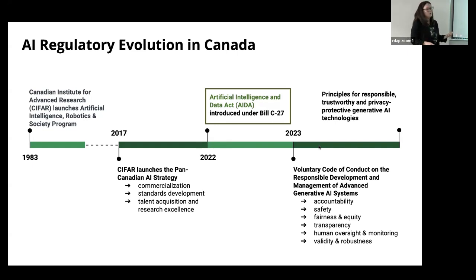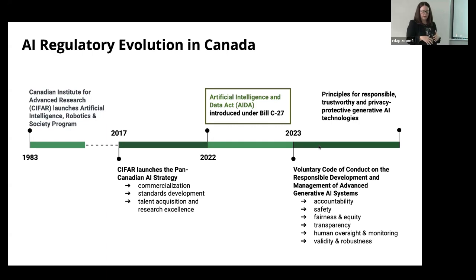Now, in 2022, we had the Artificial Intelligence and Data Act, or AIDA, put forth in Parliament, introduced as part of a larger bill, Bill C-27. And as of last year, because the act is still not enforced, it's still in its draft form, we've been relying on a patchwork of voluntary measures.